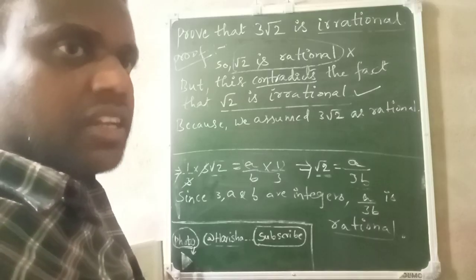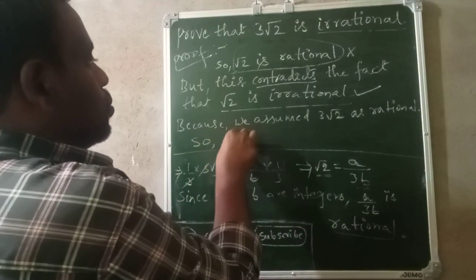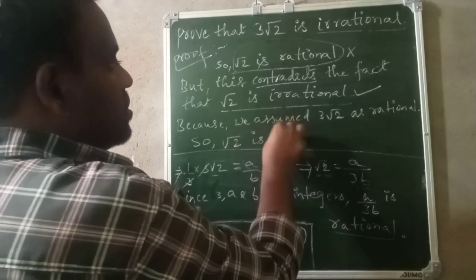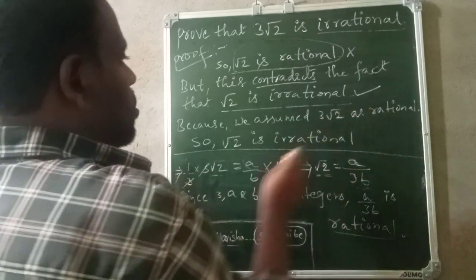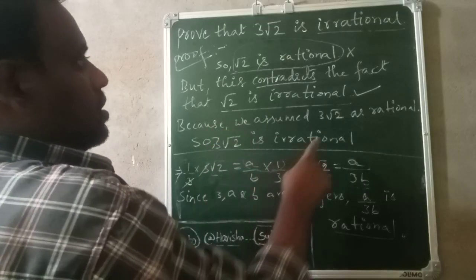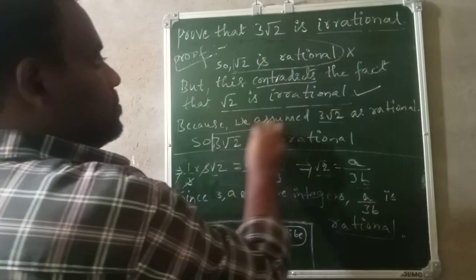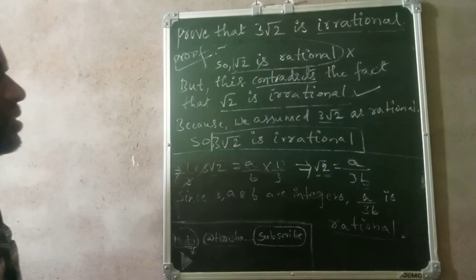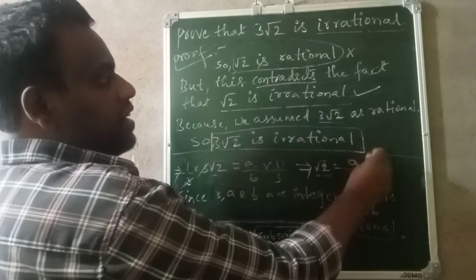It is not rational, it is irrational. So root 2 is irrational, not root 2, sorry, 3 root 2. So 3 root 2 is irrational. Okay? So this is the final sentence.